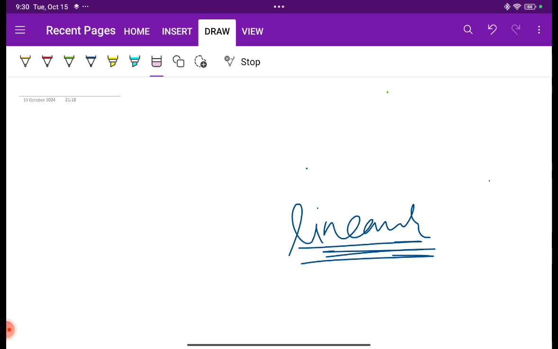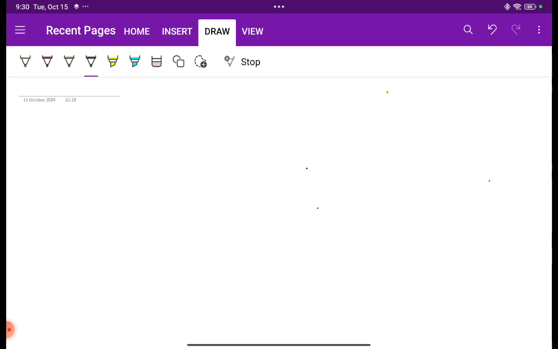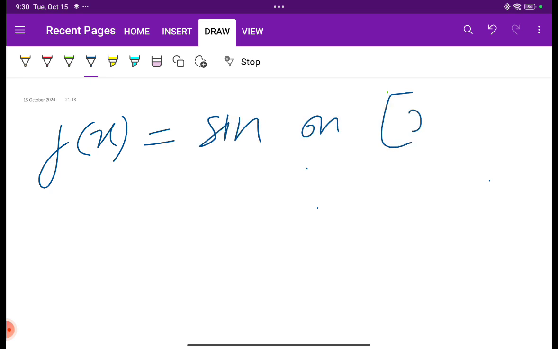Now we will again take the same example that we have taken earlier. f(x), we have considered sin x on 0 to pi.